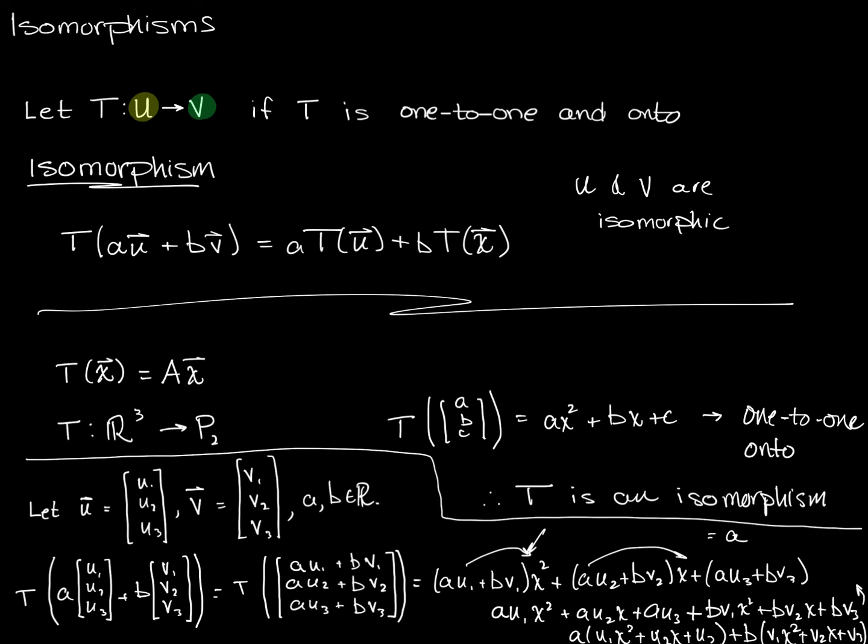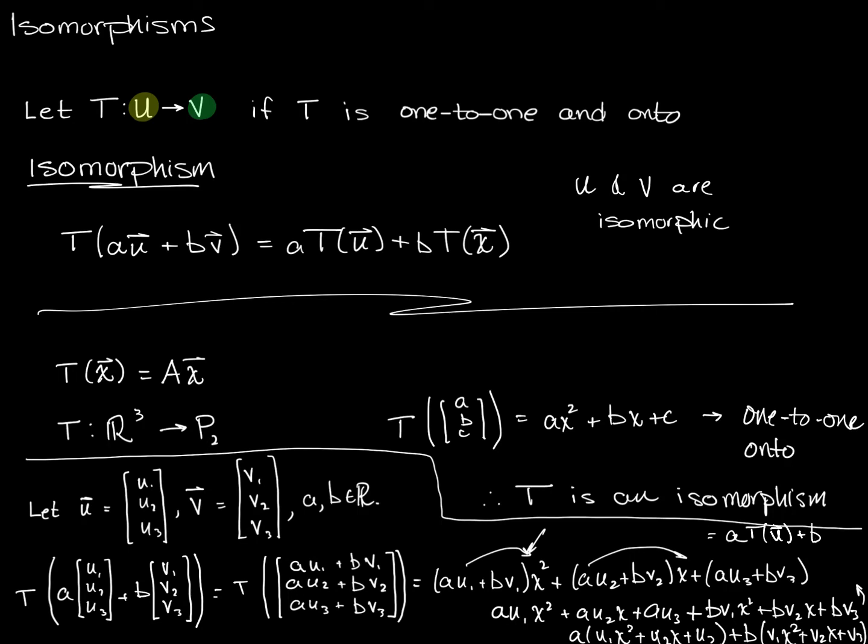Well, that's what I would have got if I had just plugged this in, right? If this was U1, U2, U3, I would have got U1x squared plus U2x plus U3. That's what I would have gotten. So this right here is the transformation of the vector U. A times the transformation of the vector U.